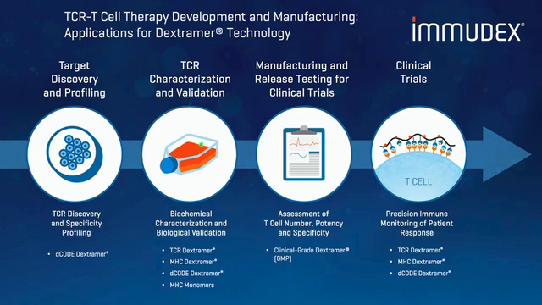Then these TCRs can be introduced into, for instance, a T cell to create a potential therapy, and then this needs to undergo extensive clinical trials and testing before being released as a treatment in humans. So let's have a closer look at some of these steps in the process.